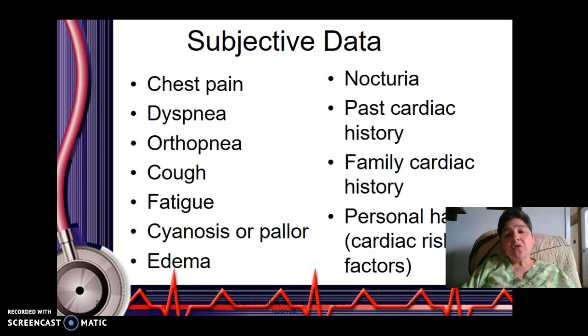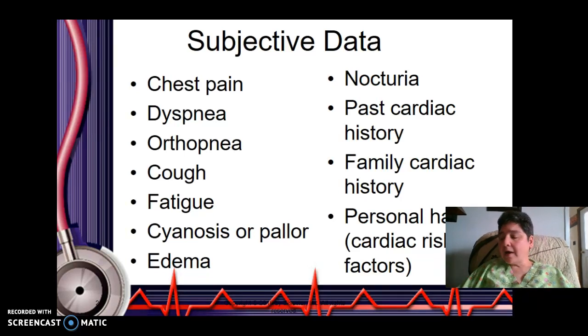So first thing, of course, that we're going to look at is the subjective data. These are some things that you can start looking at on page 471 in your textbook and follow along. And these are things that you're going to ask about.